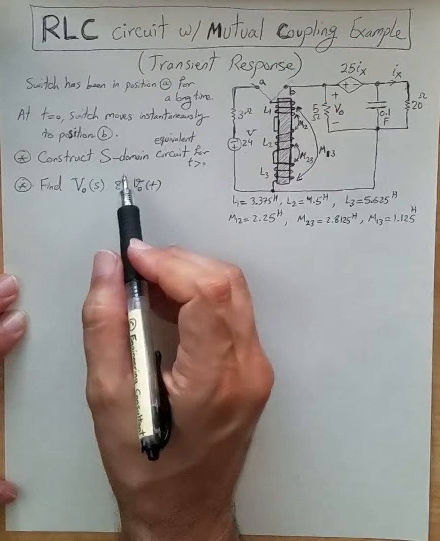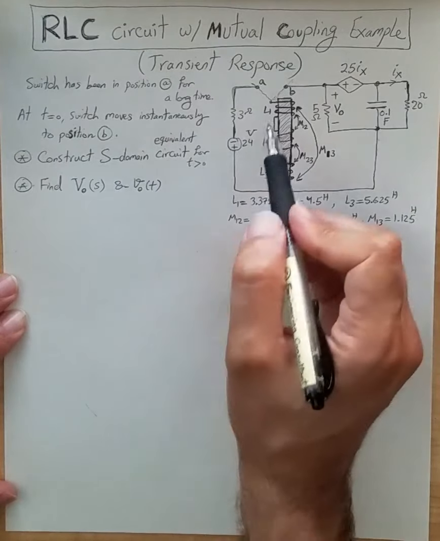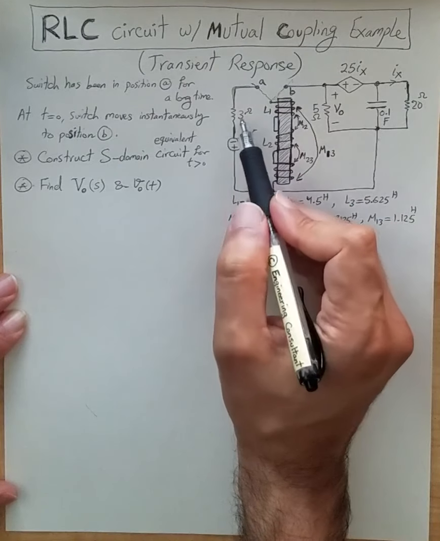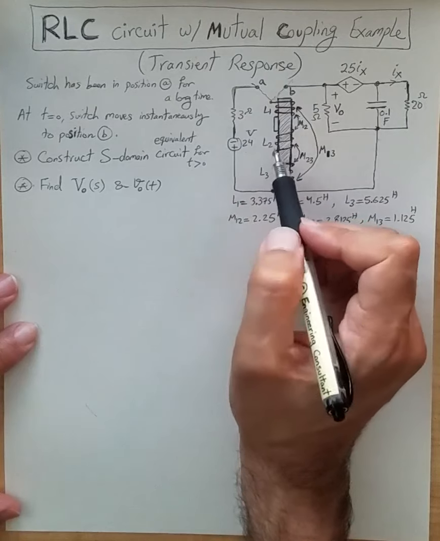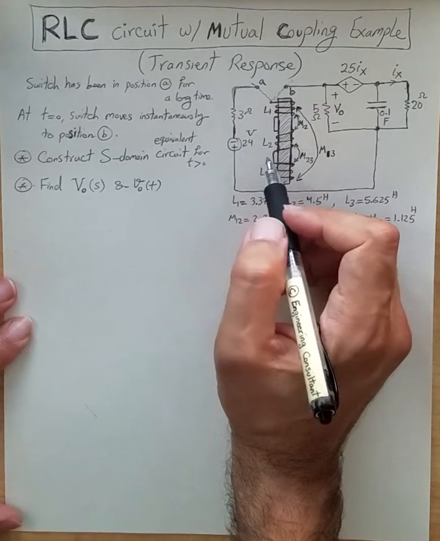Before getting to the S-domain circuit construction, before time t equal to 0, this switch has been in position A for a long time. This voltage source, this 3 ohm, and this inductor, the whole circuit in that case, has reached a steady state.